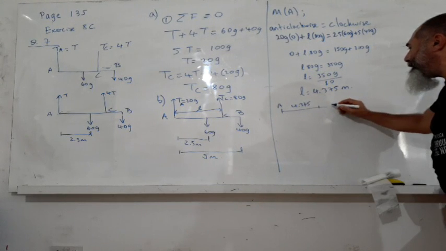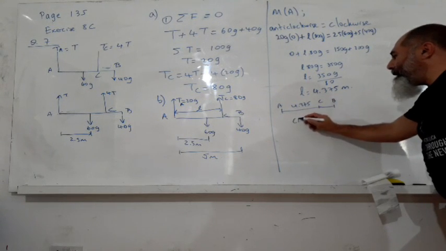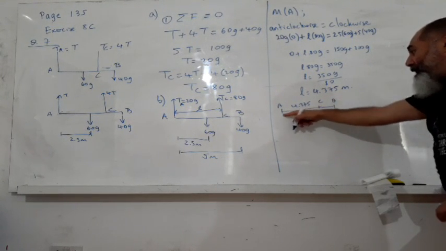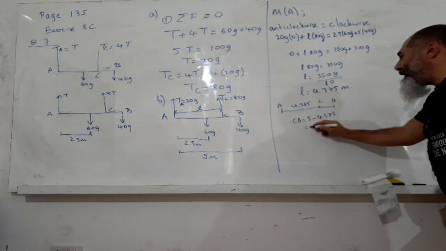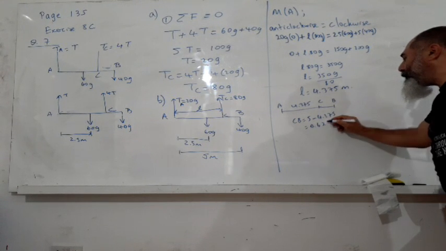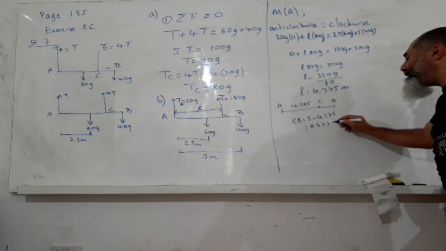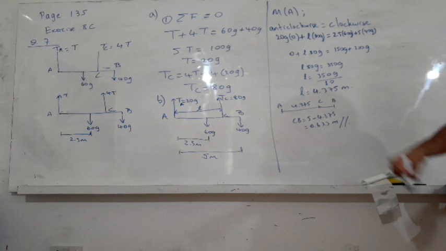From C to B, the distance CB will be 5, the total distance, minus 4.375, which is 0.625 meters. That's the end of the question. This is the answer for question 7 on page 135 from your M1 books.